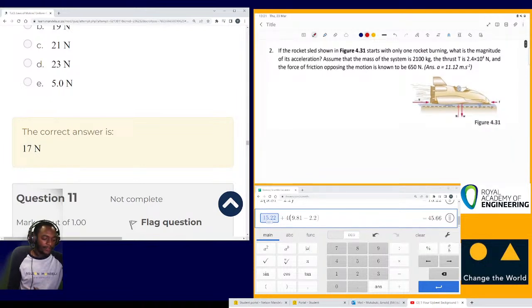It says, if the rocket sled shown in Fig 4.31 starts with only one rocket burning, what is the magnitude of its acceleration? Assume that the mass of the system is 2,100 kilograms, the thrust is 2.4 times 10 to the power 4, and the force of friction is known to be 6.5.